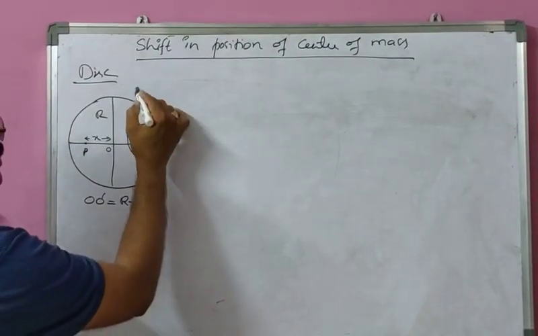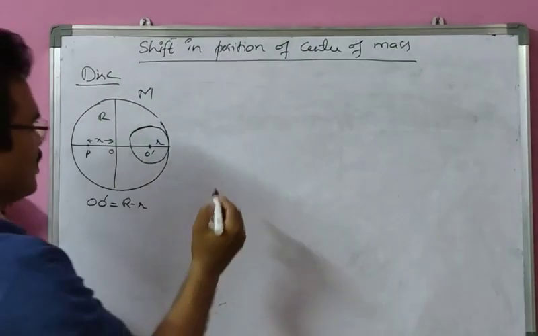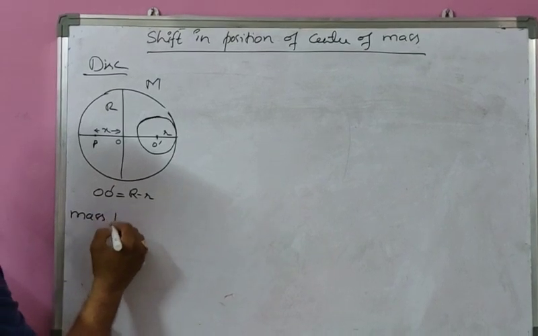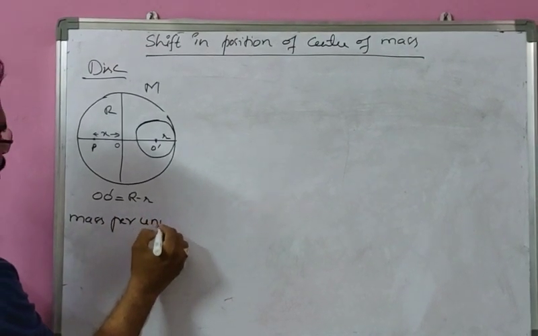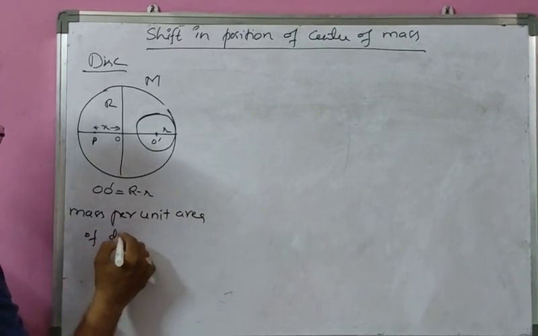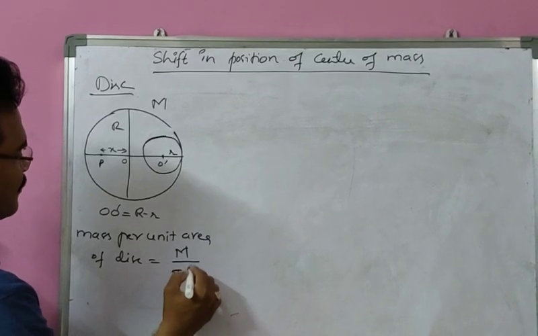Total mass of the disk I am taking as m. So what is the mass per unit area of the disk? Mass per unit area of the disk is m by pi R square.